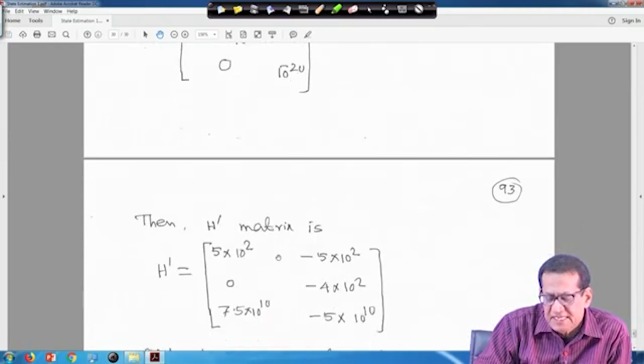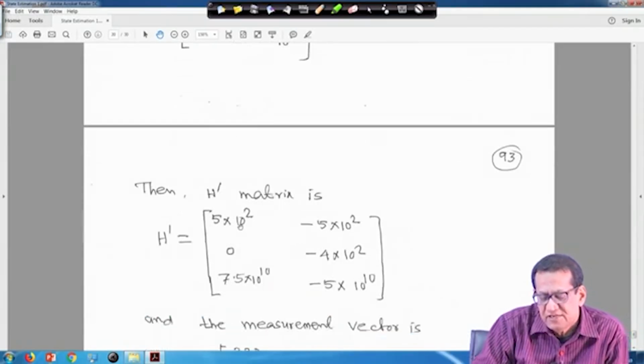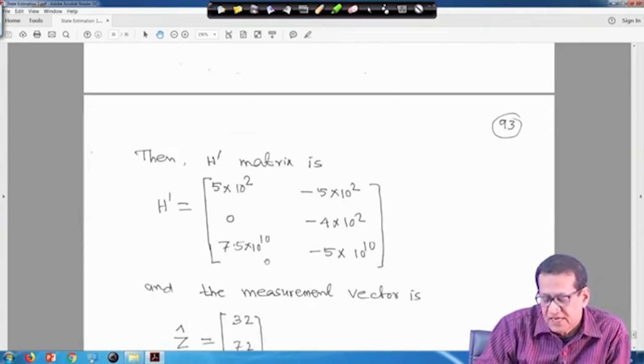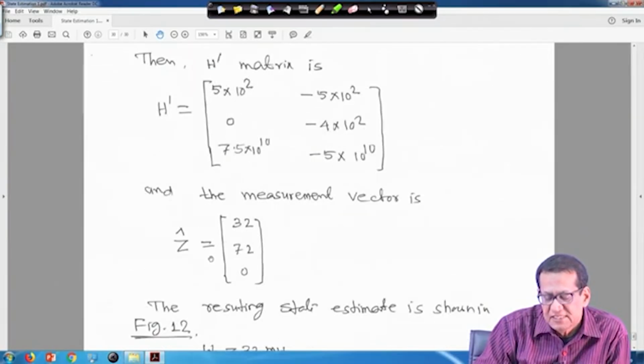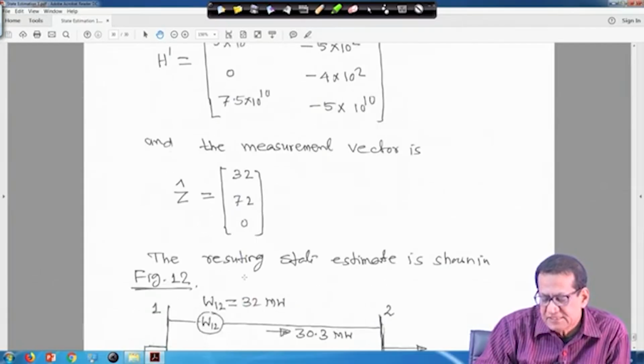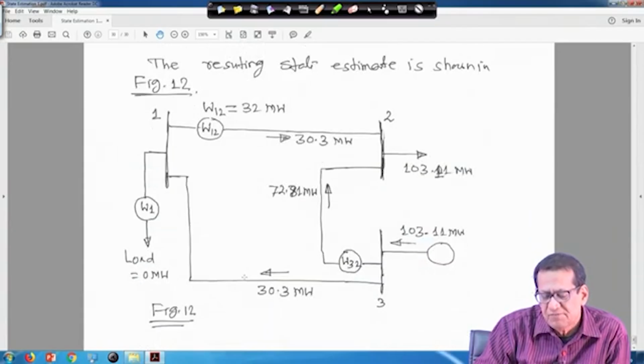Therefore, the H dash matrix will become 5 into 10 square, then minus 5 into 10 square, then 0 minus 4 into 10 square, then 7.5 into 10 to the power 10 and minus 5 into 10 to the power 10, and the measured vector z cap is 32 72 0. The resulting state estimate, after making all this calculation, I am showing you only the final result.